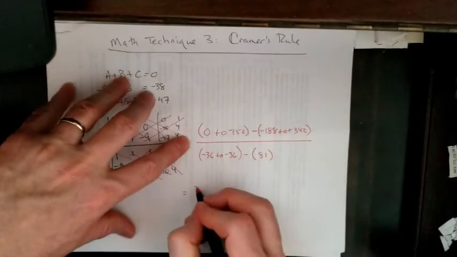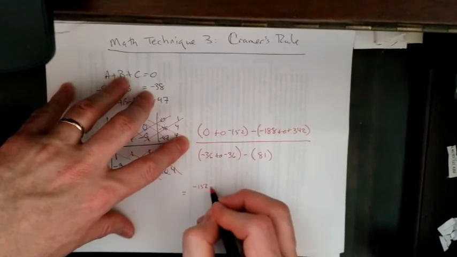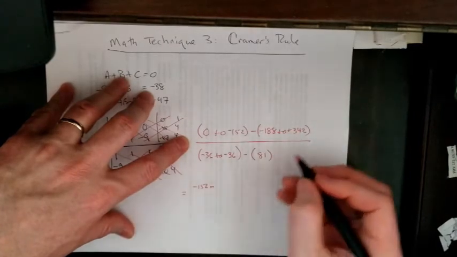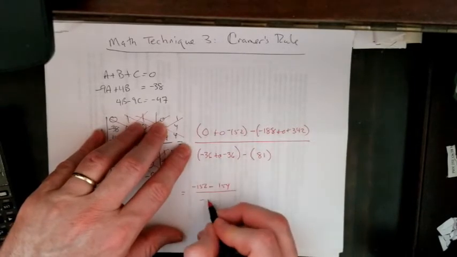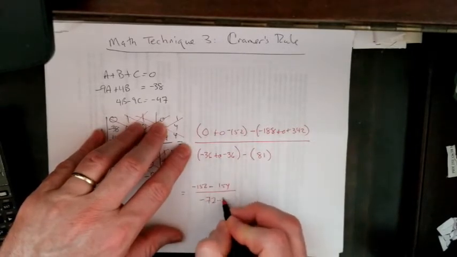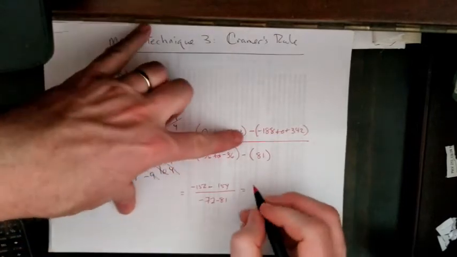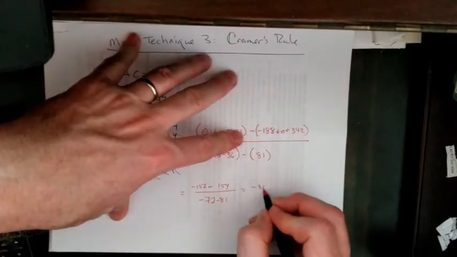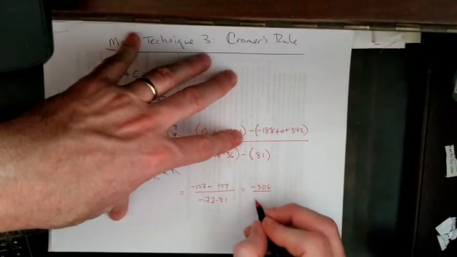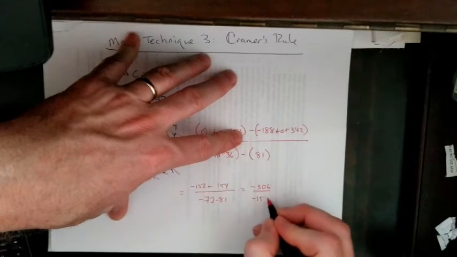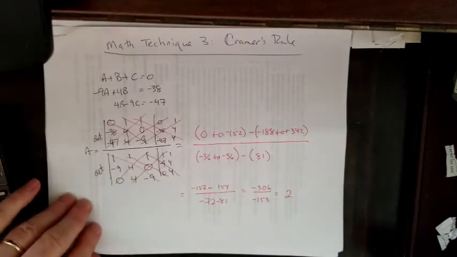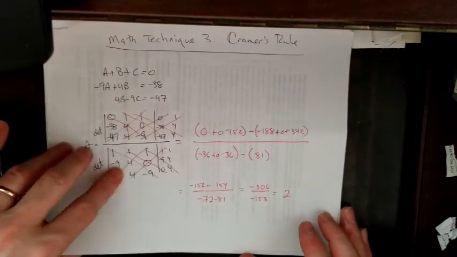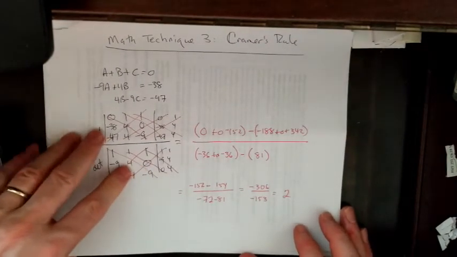And so I have negative 152 minus 154 divided by, that's a 0 there, negative 72 minus 81. So I have negative 306 divided by negative 153, which is 2, which is the value that we had before. And please see the end of the first technique video for this, for the proper display.